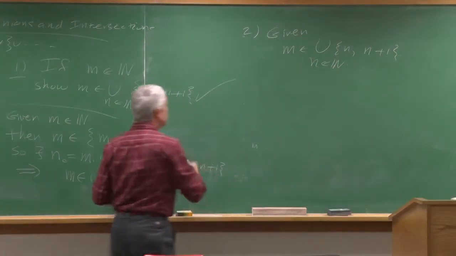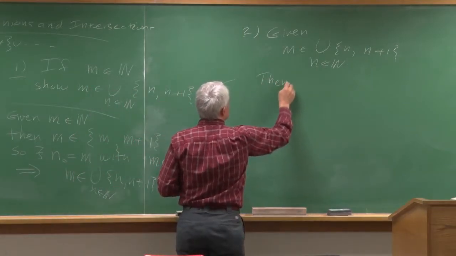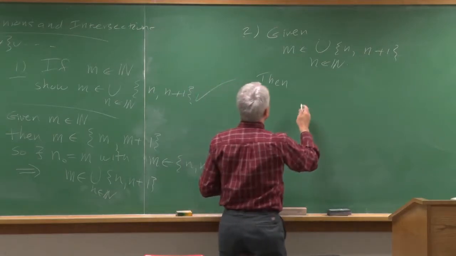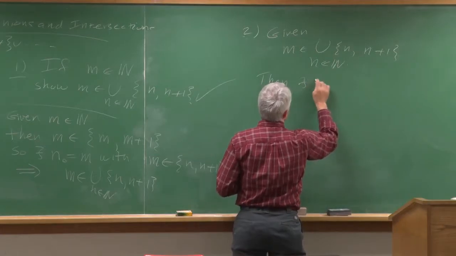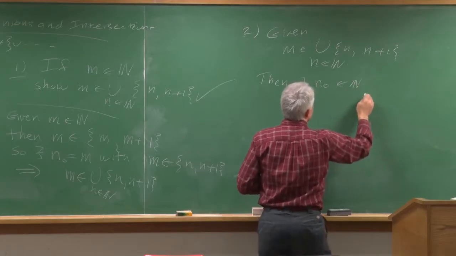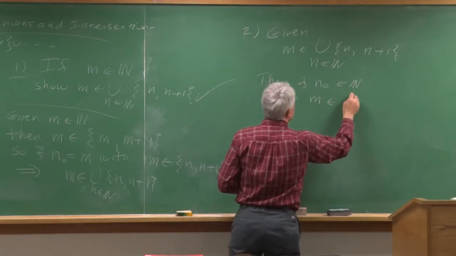Okay, again, we're going to use what's the meaning of the union? Well, it's in one of those sets. There exists one of these that M is in.